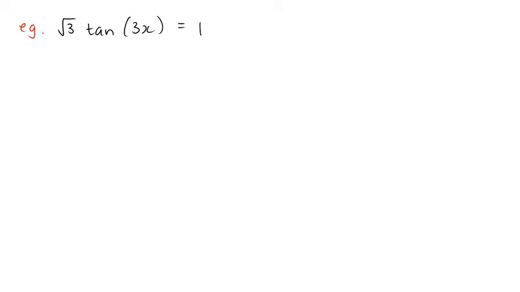Okay, root 3 tan of 3x equals 1. Now in our formulas, it says tan x equals a. So what do we need to take over the other side? The root 3. So tan of 3x equals 1 on root 3.